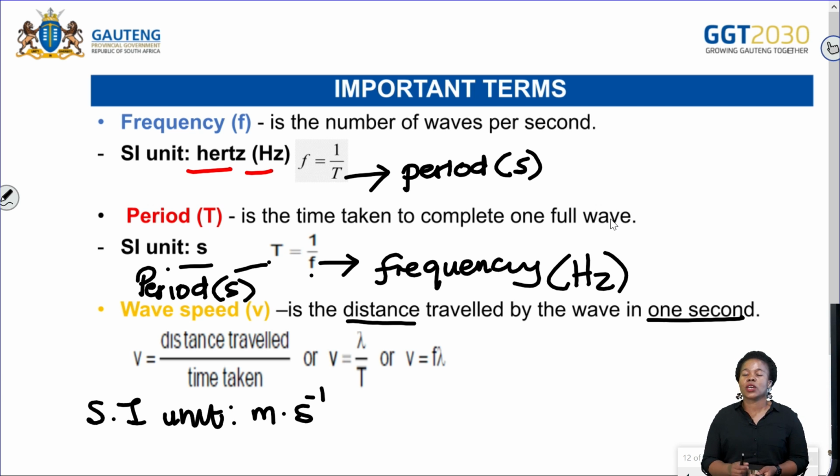That is actually a recap of grade 10 that we've done. So when you're substituting, you don't forget that you've substituted the wrong SI unit. You just convert first and then substitute. All right.